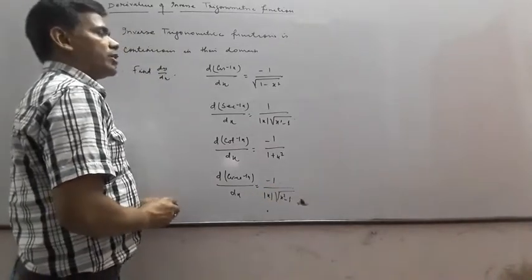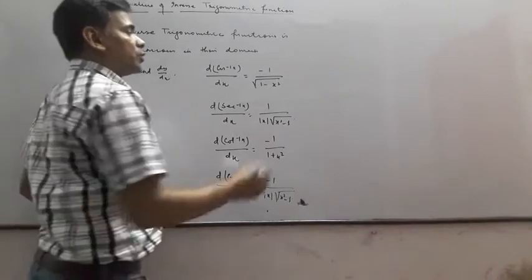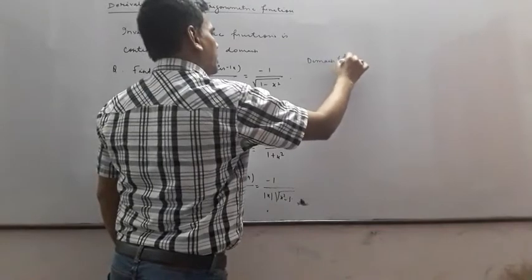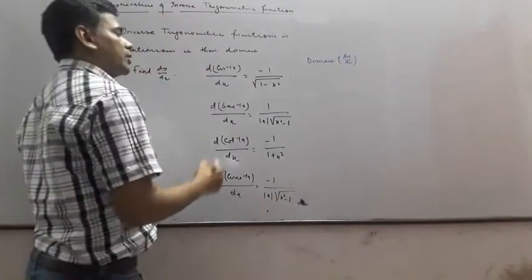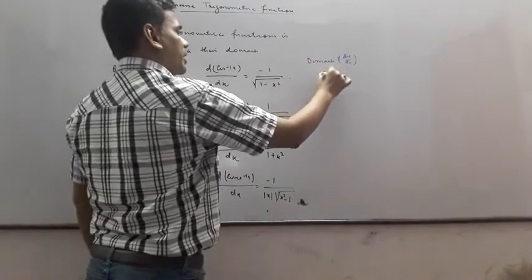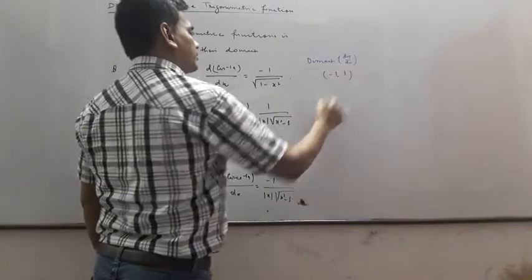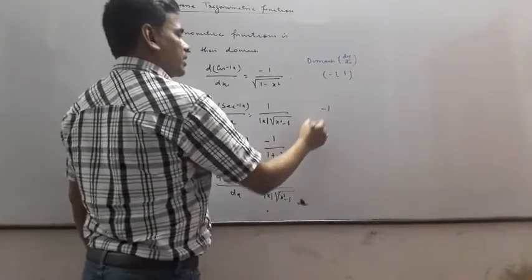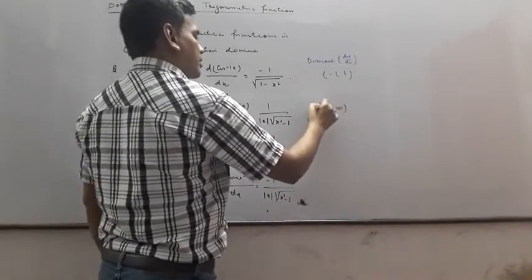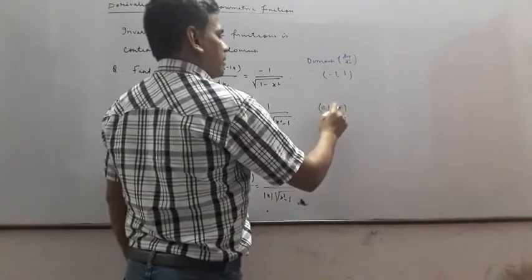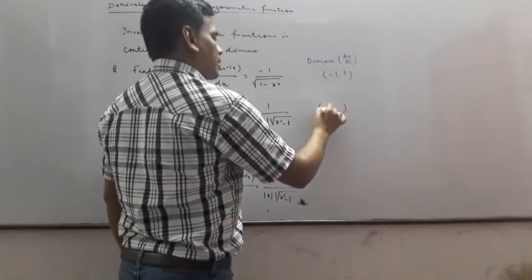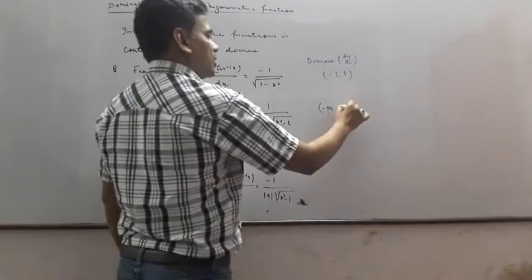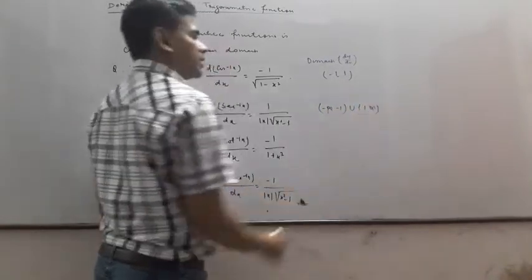Let us see now how to write the domain of these. So here the domain of dy by dx: for the first you will have to write open interval minus 1 to 1. Next, the domain of this is minus infinity to minus 1, union of 1 to infinity, in open intervals.